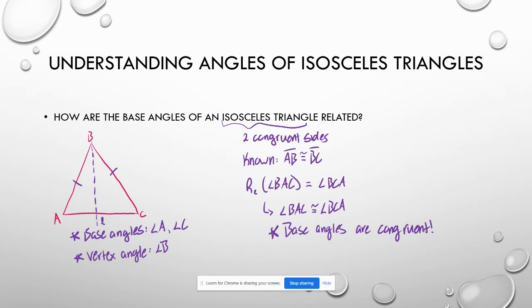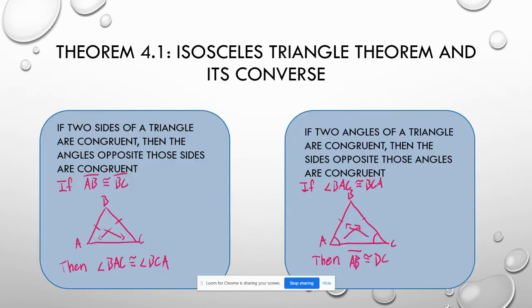So this leads us into theorem 4.1 and its converse. Theorem 4.1 is the isosceles triangle theorem. That's on the left side in that left-hand little square. It says if two sides of a triangle are congruent, if we have an isosceles triangle, then the angles opposite those sides are congruent.